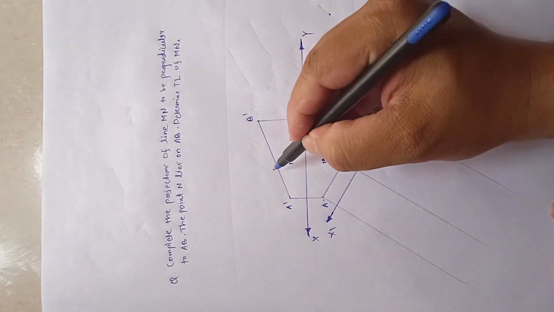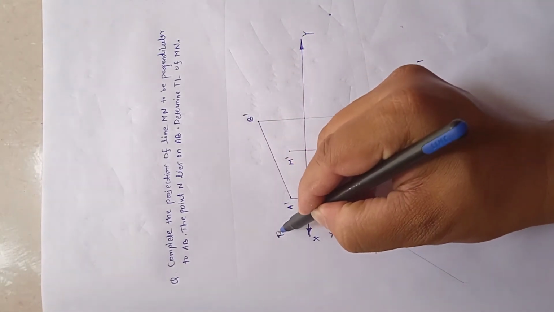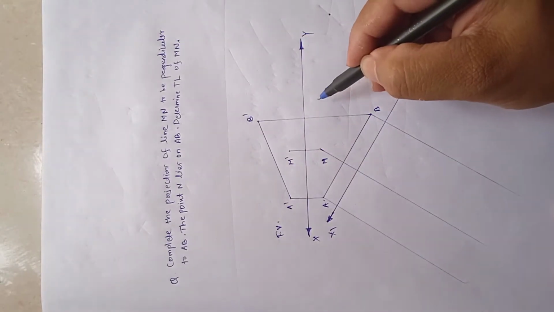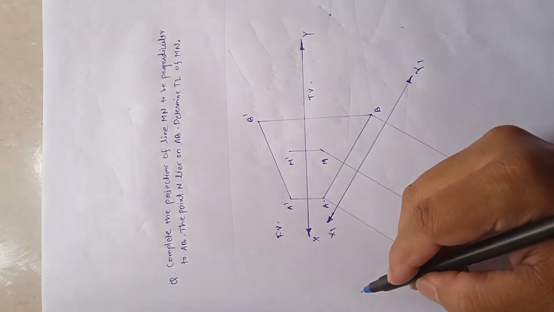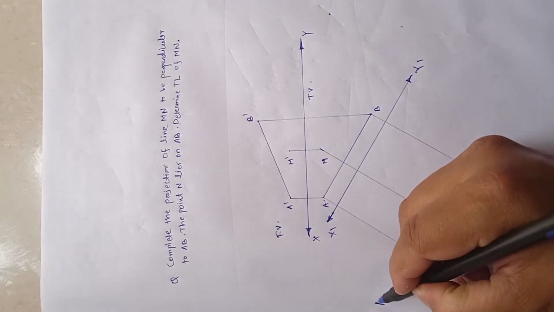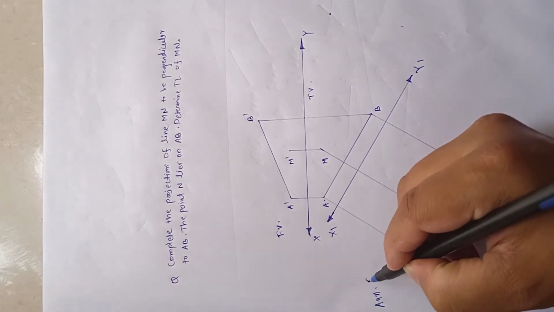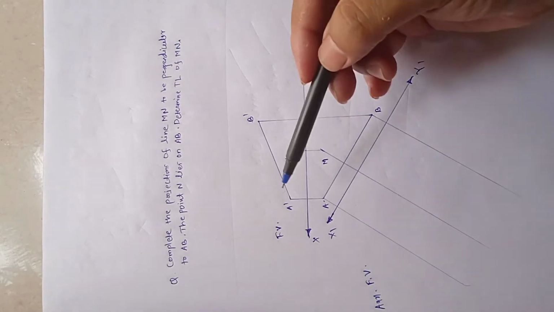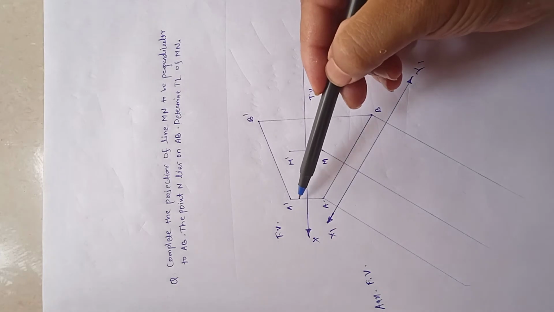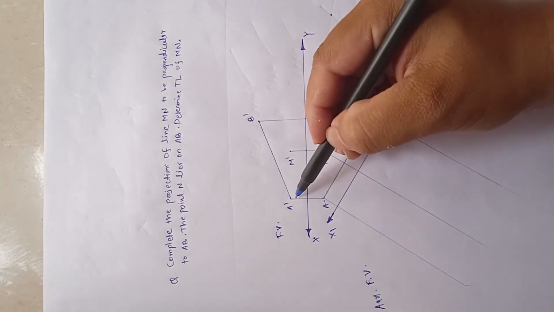So here this is your front view, this is your top view, and this will be the auxiliary front view. Now transfer the distance of point A, let us denote it by this symbol.